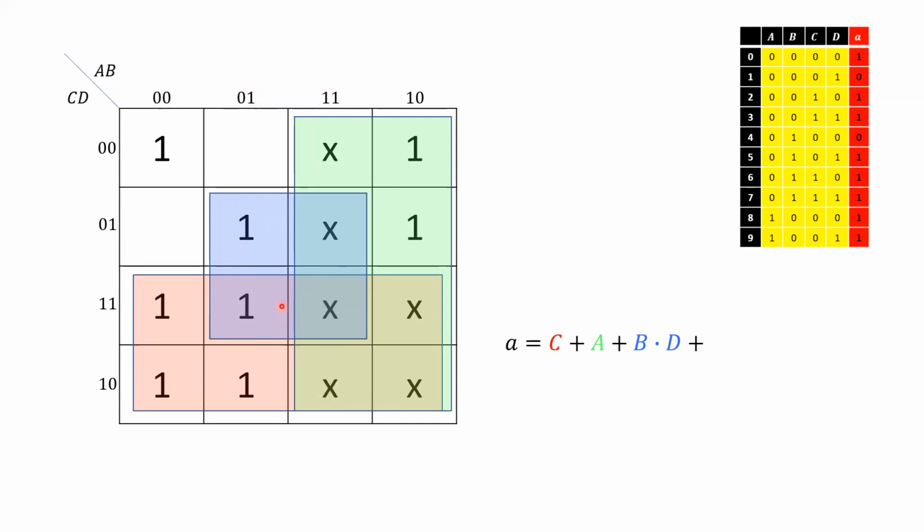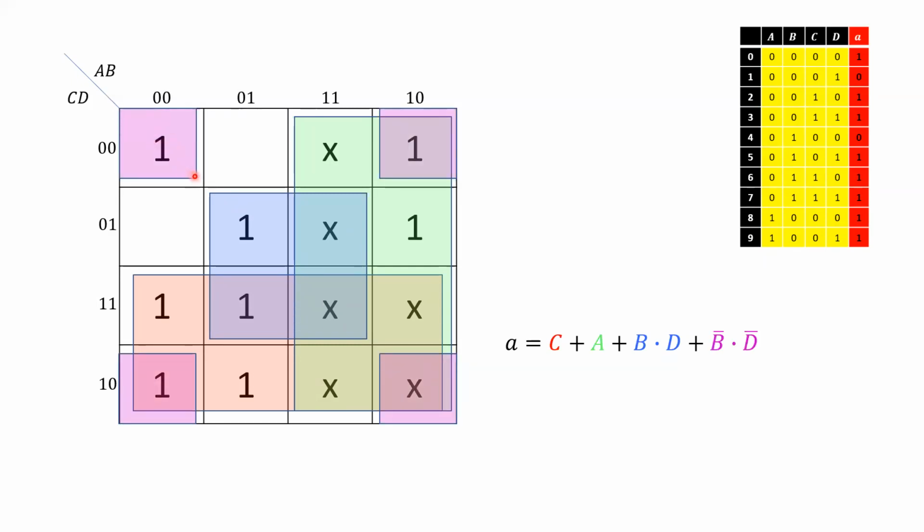Now we've got 1 cell left to cover. We could just draw a rectangle on the cell itself, but remember what I said at the beginning, that the bigger the rectangle, the better. So instead, I'm going to draw this.